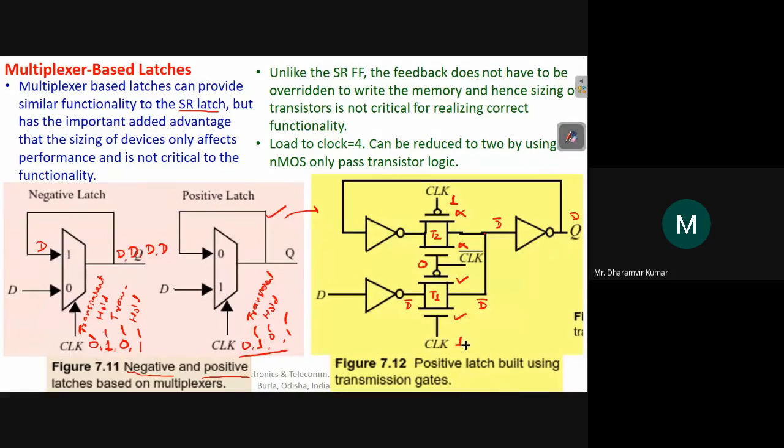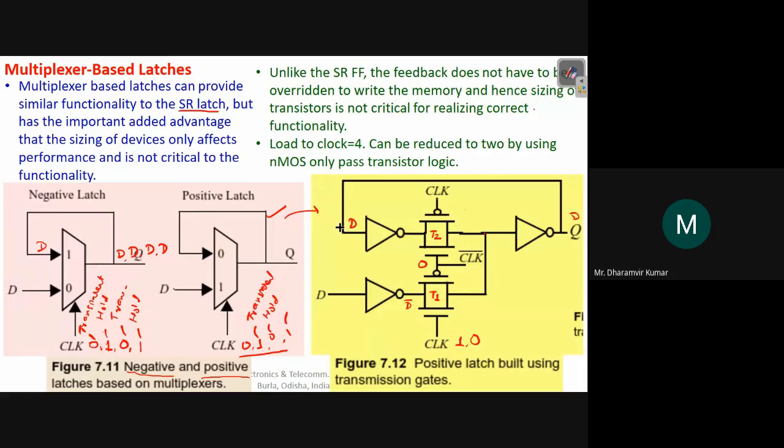Now, when clock goes to 0, what will happen? The reverse of these things will happen. Remember, it was D here in the previous cycle, and this is connected here.